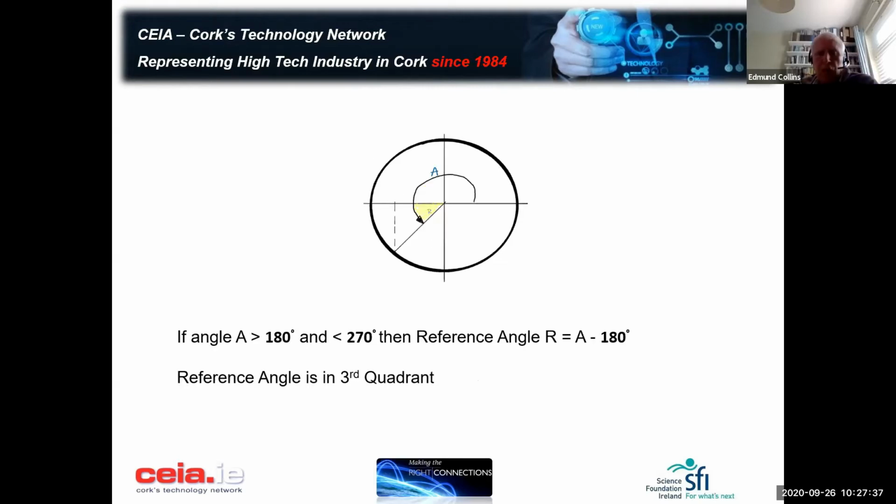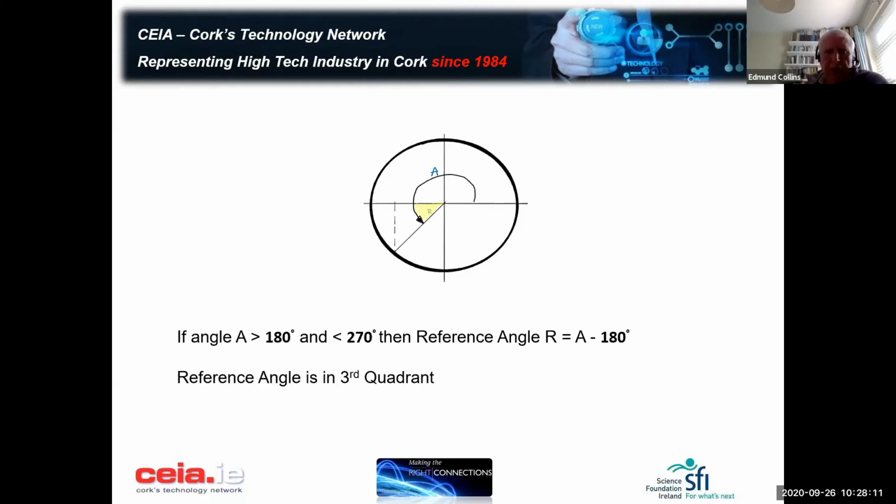So moving along, we rotate again. So we've an angle that's greater than 180 degrees, but less than 270 degrees. Then the reference angle in this case is the angle minus 180 degrees. And again, we're taking a line from the circumference up to the x-axis, trapping the reference angle there in the third quadrant.